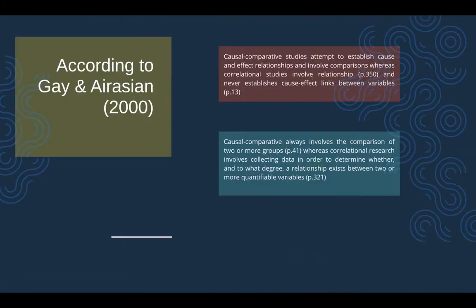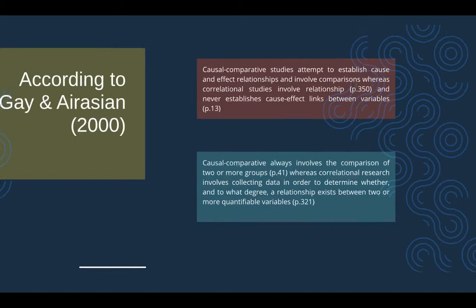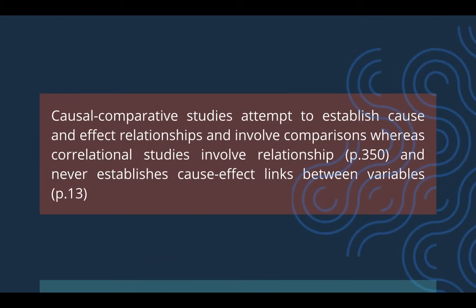Another meaning for causal comparative and correlational research, according to Gay and Airasian 2000: causal comparative studies attempt to establish cause and effect relationships and involve comparisons, whereas correlational studies involve relationships and never establish cause-effect links between variables.